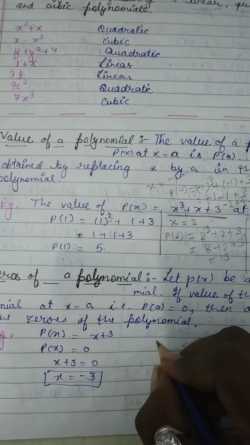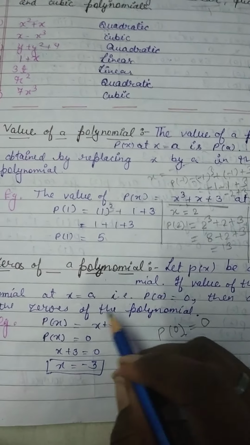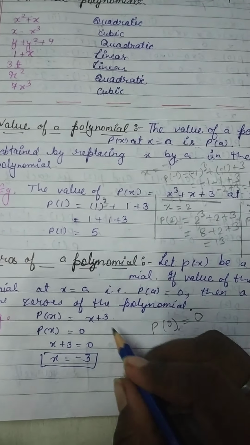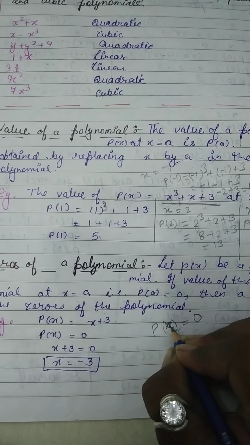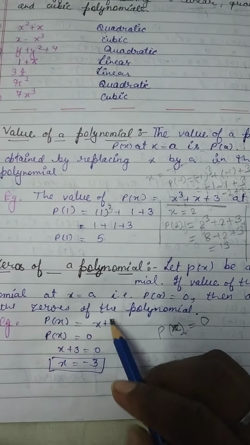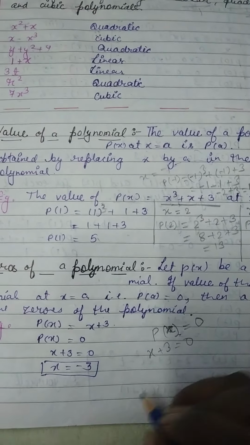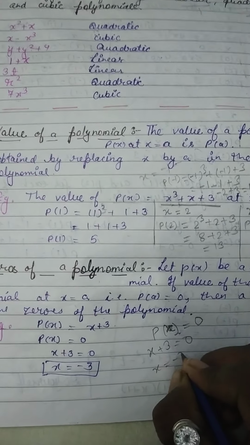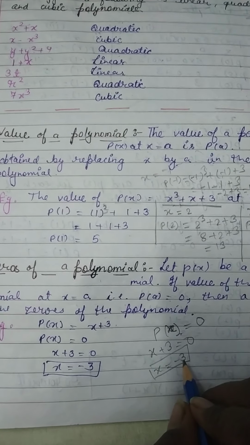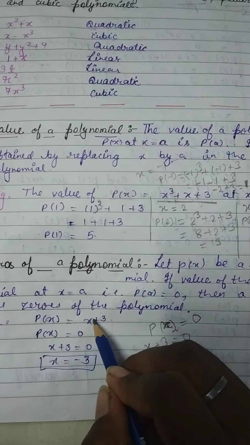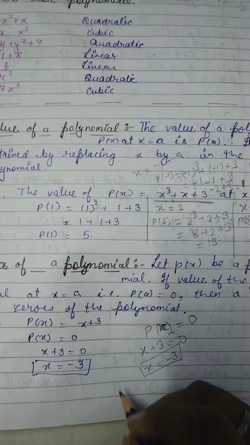It means we need p(x) equal to 0. Given that p(x) is equal to x plus 3, p(x) is equal to 0, then x plus 3 is equal to 0, x is equal to minus 3. It means if I put minus 3 in this polynomial, I get p(x) equal to 0.